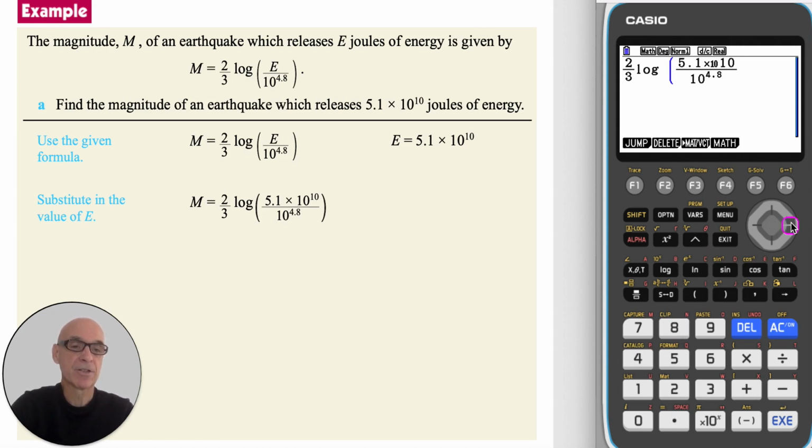Pressing the right cursor twice to come back up, and then closing the bracket. Pressing execute to get the required value.